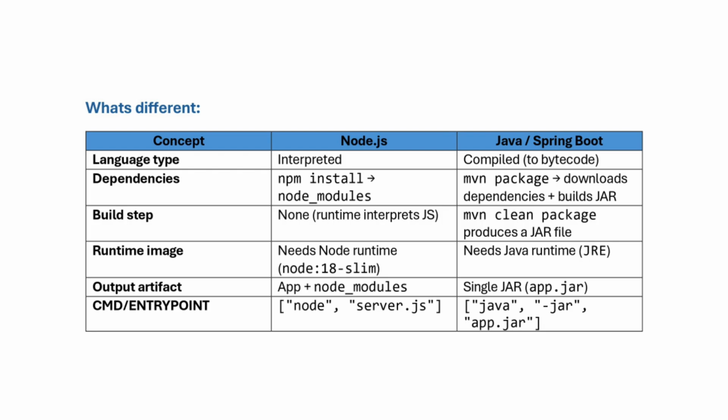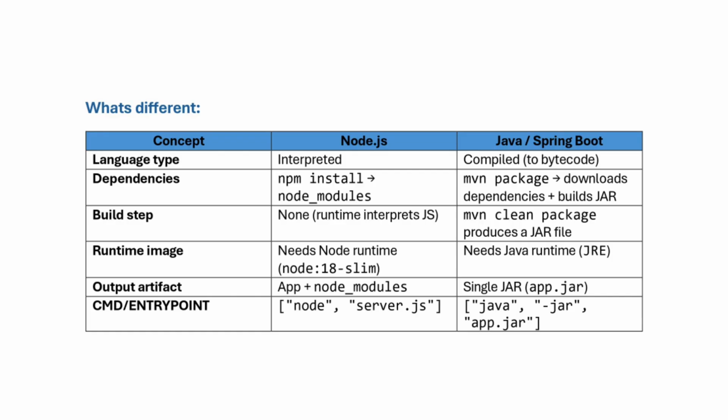So what's different? Language type: Node.js was interpreted. Java is compiled to bytecode. Dependencies: npm install, that is node modules. In Java it is mvn package, that is downloading dependencies plus building the jar. Build step: in Node.js it is none. The runtime interprets JavaScript.